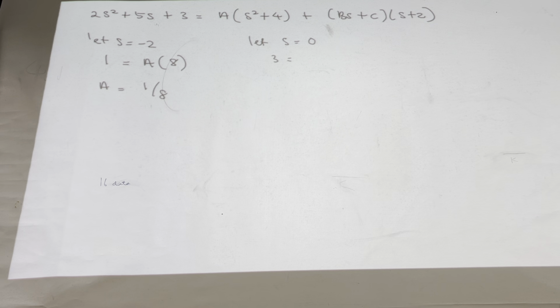A is 1 over 8. 1 over 8 multiply 4, 2 over 8, 1 over 4. When s equal to 0, B is 0. So plus 0 here, C times 2.